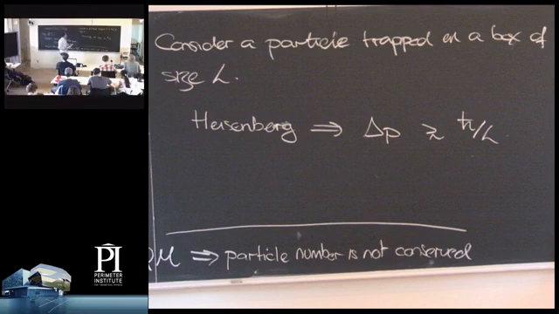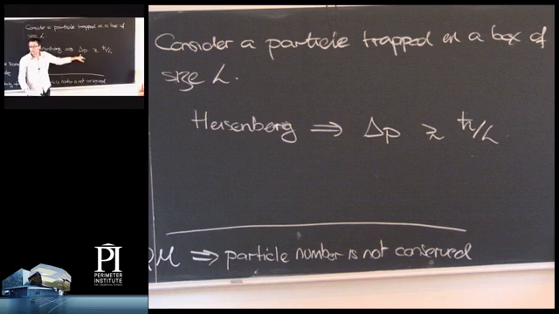There's some uncertainty, and the uncertainty is of order h bar over L. But if we're in a relativistic context, then one guy's momentum is another guy's energy. These are things which just transform into each other under Lorentz transformations. So somebody in a different frame is going to see some uncertainty in the energy of the system.